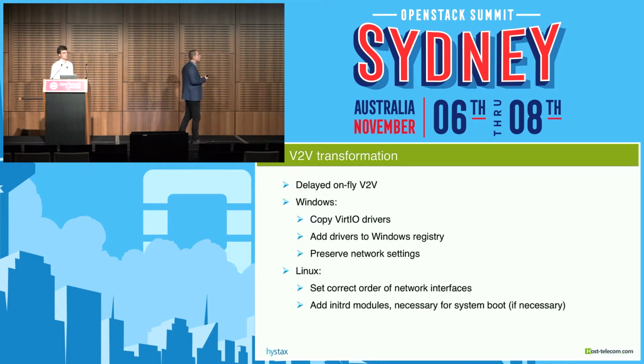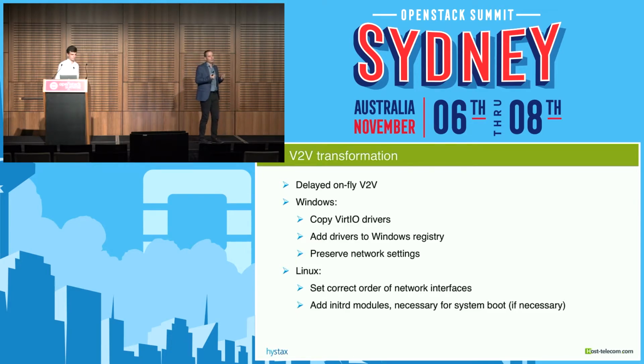The second thing we need to do, and this is very important, we had to preserve the same network settings we had on ESX, to be the same network settings on KVM. Why is it important? Because the way ESX reads and applies network settings and the way KVM does that are two different ways. If you just move the VM from VMware to KVM, when you boot it, you'll have a network mismatch.